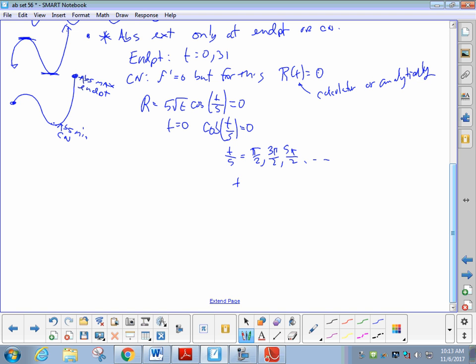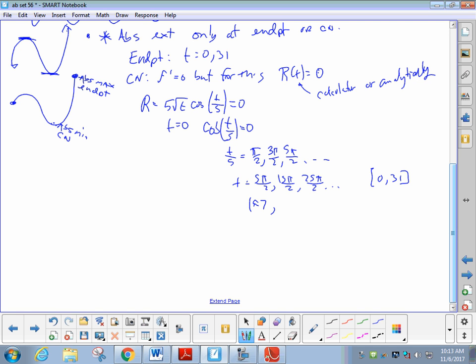Now if I solve this for t, then t is 5 pi over 2, 15 pi over 2, 25 pi over 2, etc. Now I only want the ones that are from 0 to 31. What is 5 pi over 2, ballpark? Just ballpark. 7, yeah.